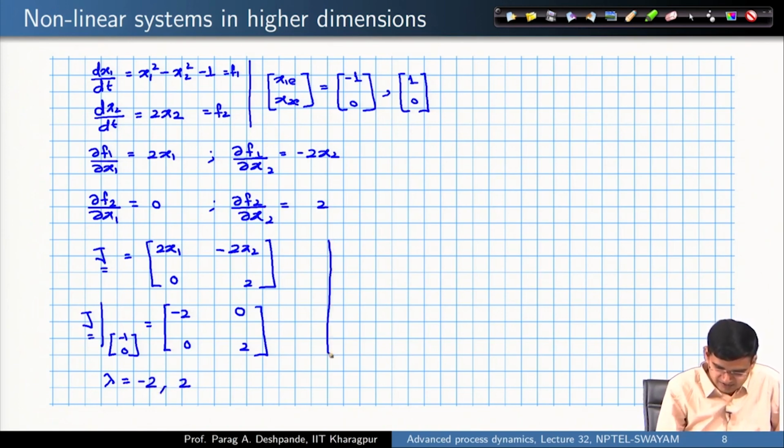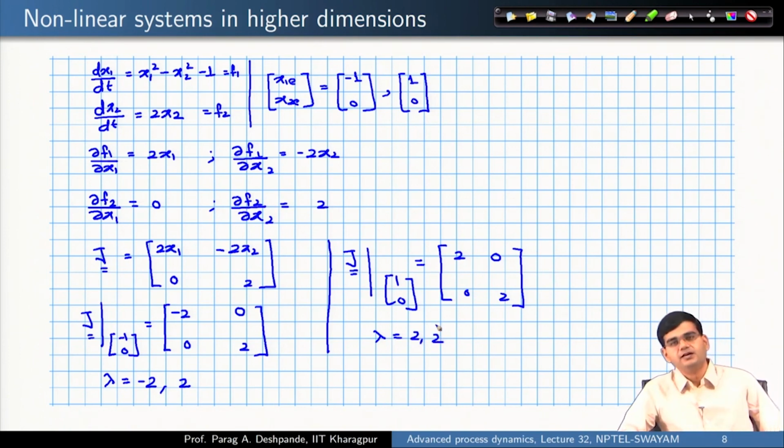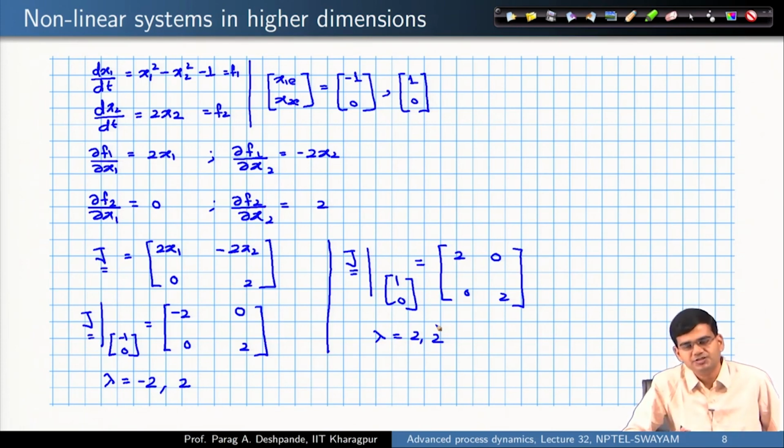For the second Jacobian at 1 0, this is going to be 2 0 0 2, which means the eigenvalues are repeated, 2 and 2. So, from these eigenvalues I can have an idea about the nature of the linearized solutions. Now, would linearization work in this case? Yes, linearization would work, because none of the eigenvalues are 0. So, I can expect the linearization to work.